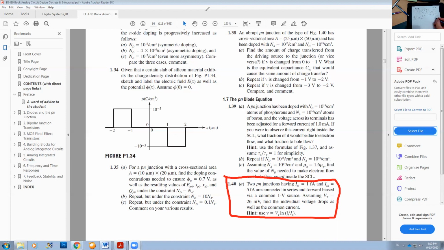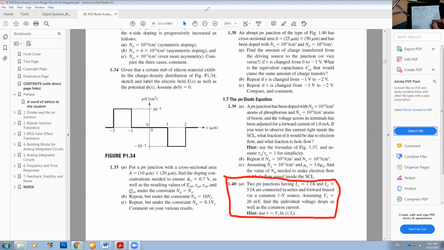So most likely both of them are connected in series and in forward bias. That means the current is running through this side. This is D1, D2, connected in series and forward biased with a common 1 volt source.